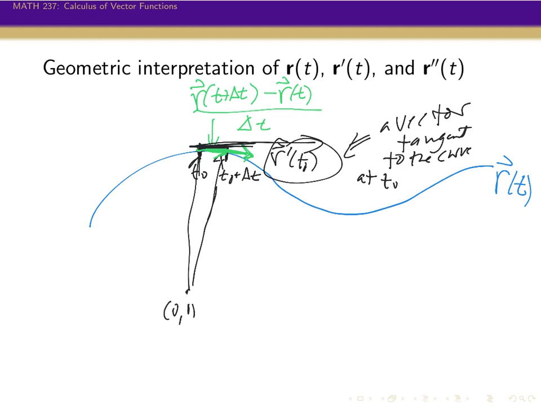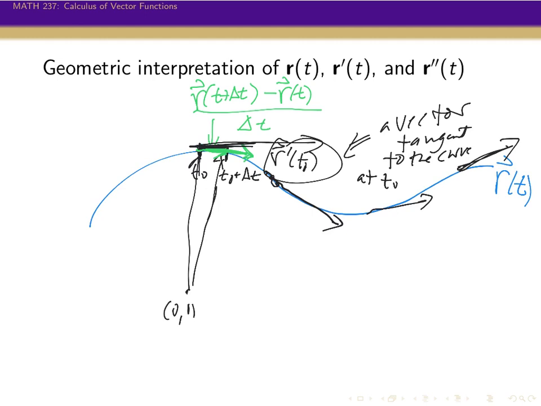And so then we can go through and come up with r prime of t's, sort of tangent vectors in all of these places. The direction of the derivative r prime of t is going to be in the direction that we're going as t increases.